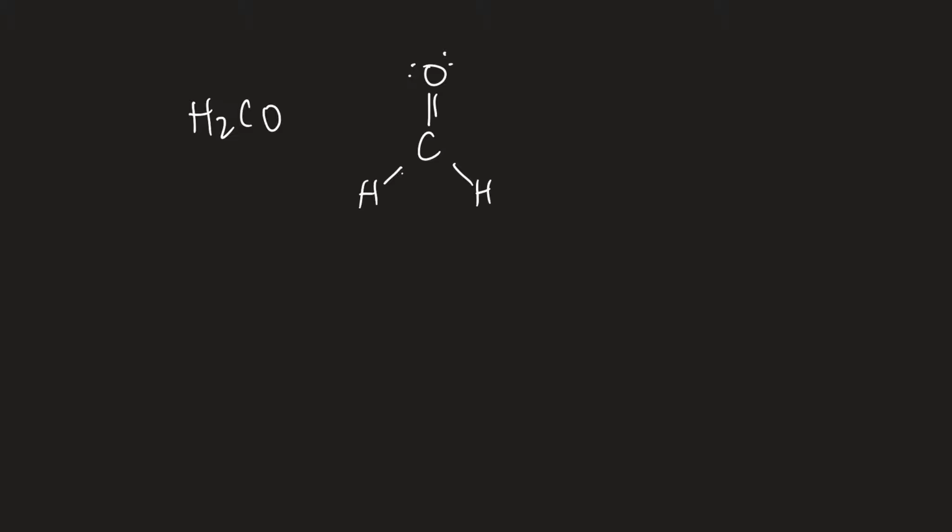Now, you're trying to determine how many bonding pairs of electrons we have, and how many lone pairs of electrons you have. This will help you figure out the overall shape, right? And if you notice, we've got 3 bonding pairs of electrons, and 0 lone pairs of electrons.